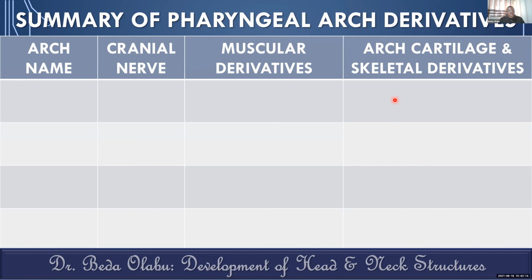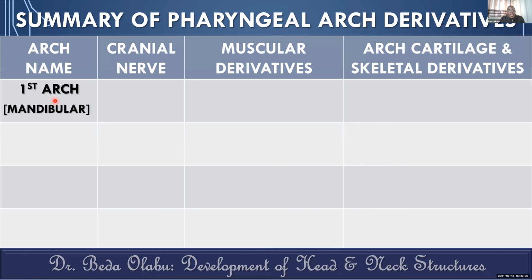So let's start with the first pharyngeal arch. The first pharyngeal arch is also known as the mandibular arch. That's the other name of the first pharyngeal arch, the mandibular arch.